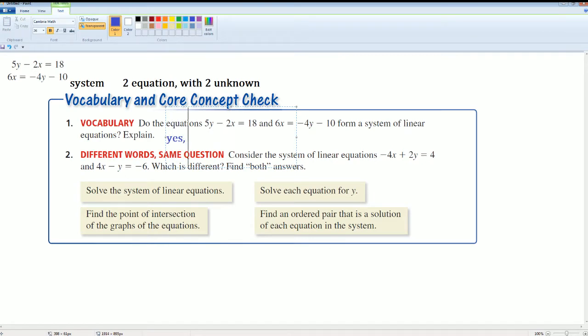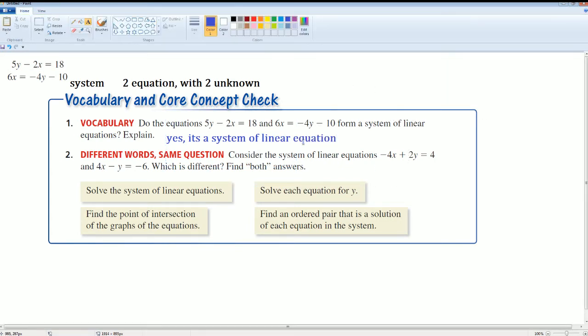By definition, a linear equation has only an exponent of 1 and only x and y terms, and a system is defined as having more than one. So there you go. Good.